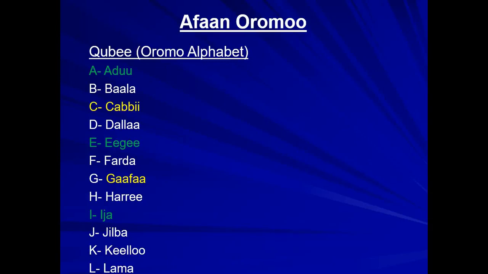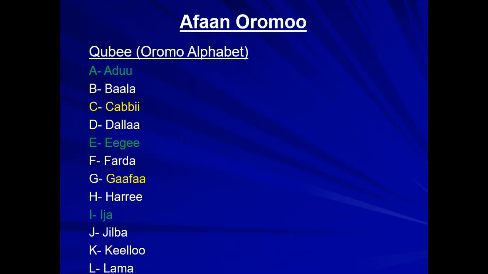You have to understand this clearly. Look at the colored letters here. The green colored ones are the vowels, the same vowels in Oromo and in English. These vowels have different sounds than we used to know in English.